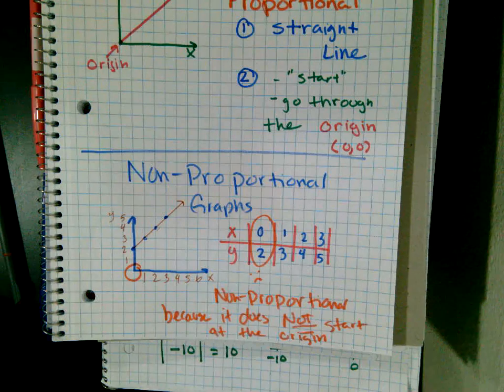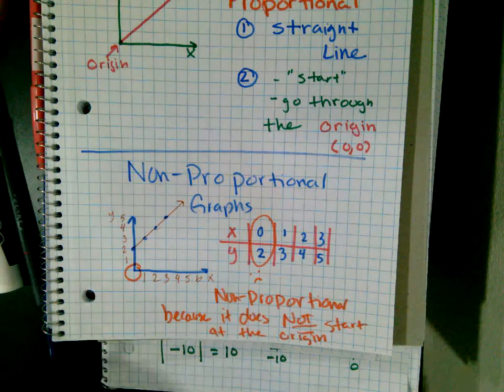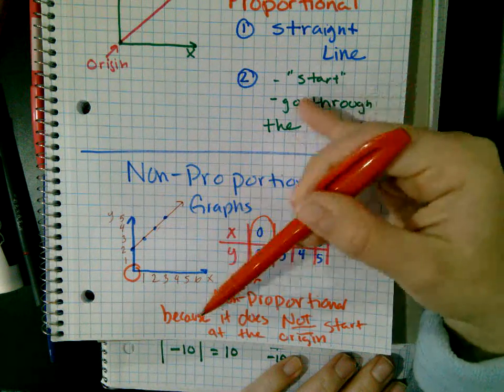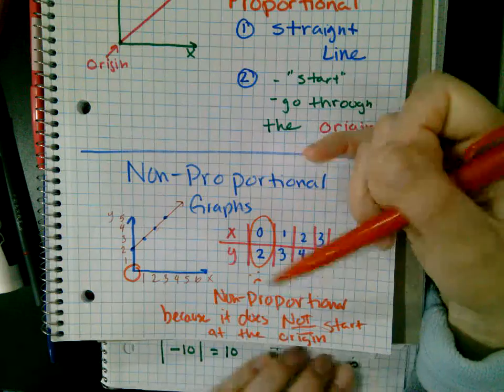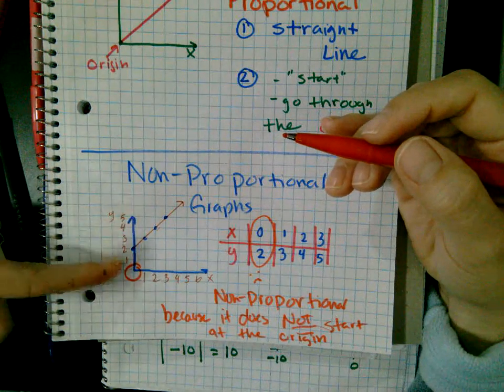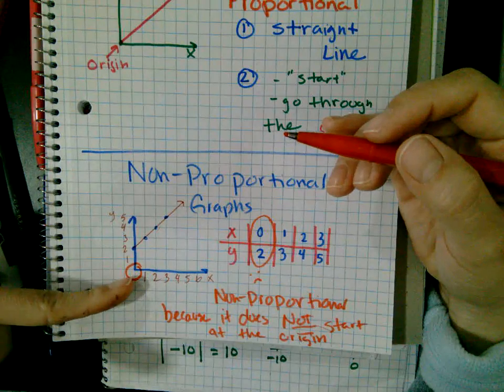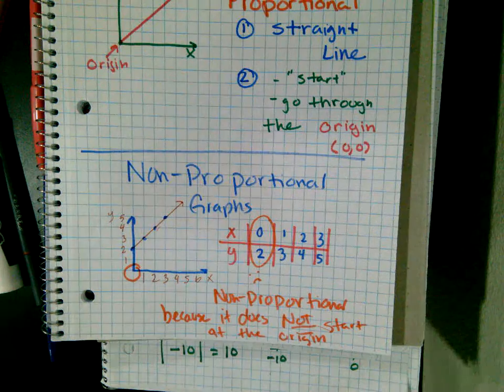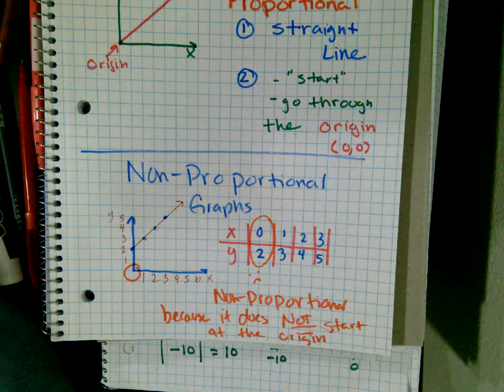No matter what, non-proportional. Okay? So basically, you have to tell me what's wrong with it. Oh, what's wrong with it, Miss O'Malley, is that it doesn't start at 0, 0. Oh, and because it doesn't start at 0, 0, we can't write an equation for it. We can't call it proportional. It has failed us tremendously. Just failed us all the way around.